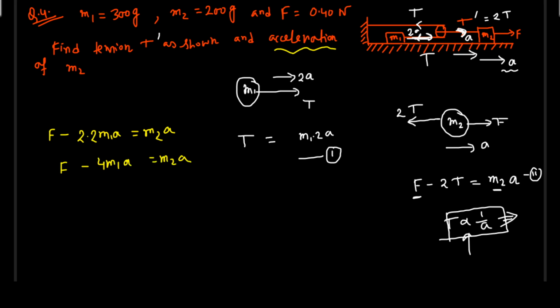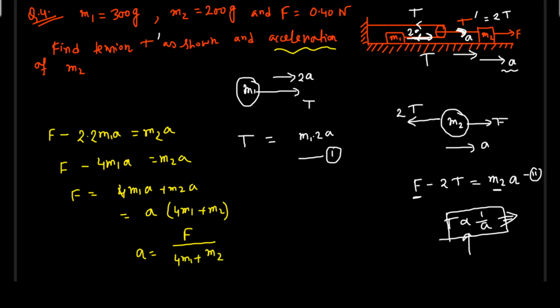So F is equal to 4m1a plus m2a. If we take a common, it will be 4m1 plus m2. So a will be F divided by 4m1 plus m2.